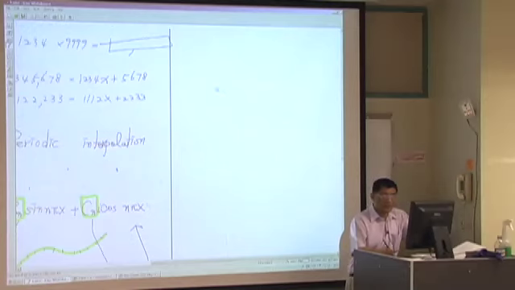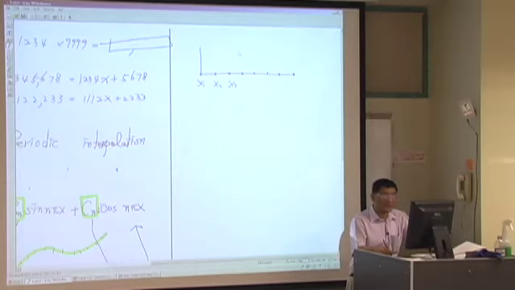We usually assume this kind of evenly divided space, instead of randomly divided space. Say x1, x2, x3, and so on, right?